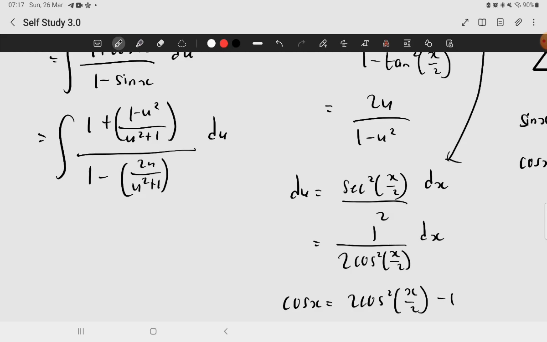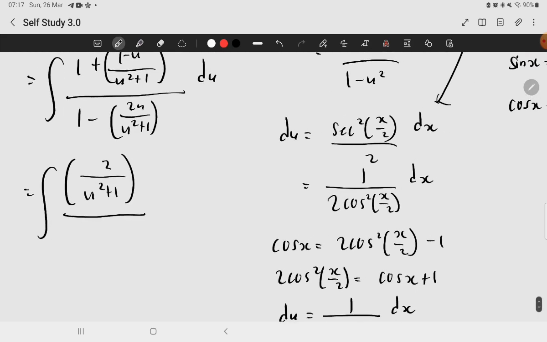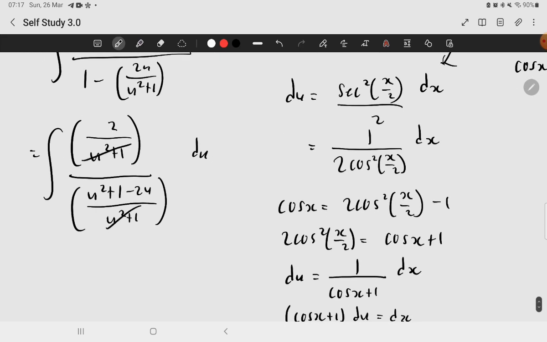Now from here, let us try and simplify it. Let me combine the numerator and the denominator terms into single terms. The numerator will be u squared plus 1 plus 1 minus u squared, which is 2 over u squared plus 1, then divided by u squared plus 1 minus 2u divided by u squared plus 1. And now from here, we could simplify it.